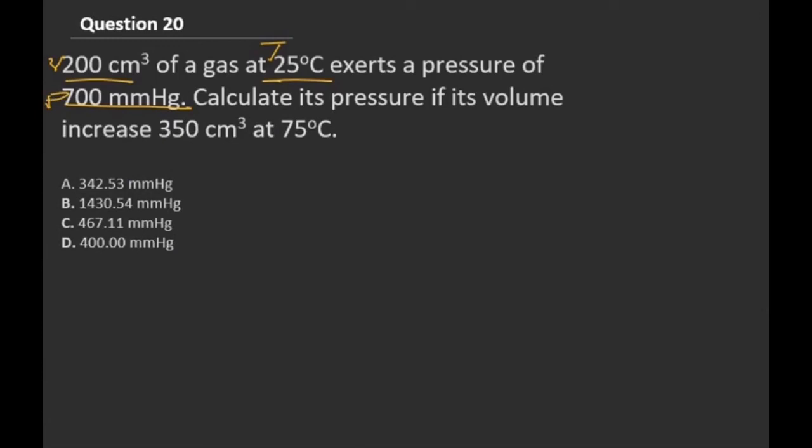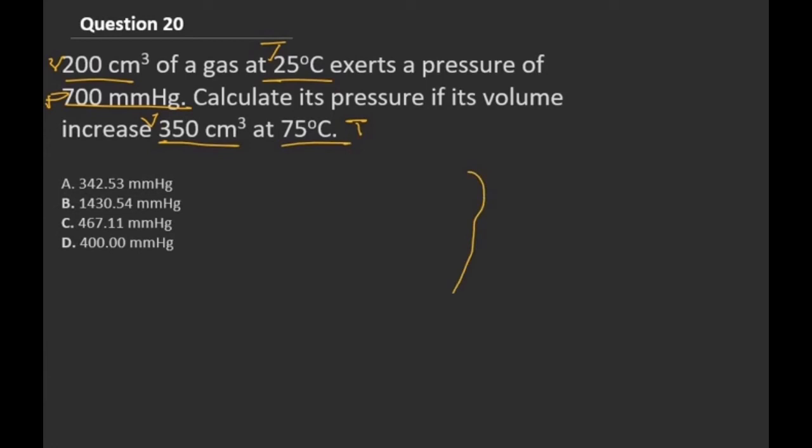We also have another volume, 350 cm cube, and another temperature. So this is a general gas law question, so we'll be solving it using the general gas law equation.